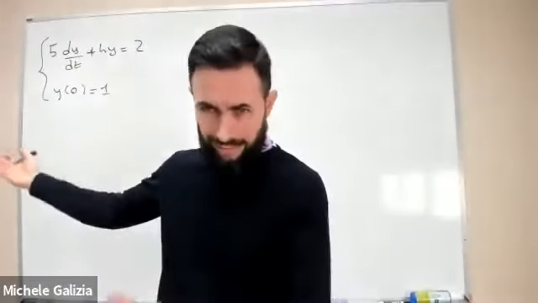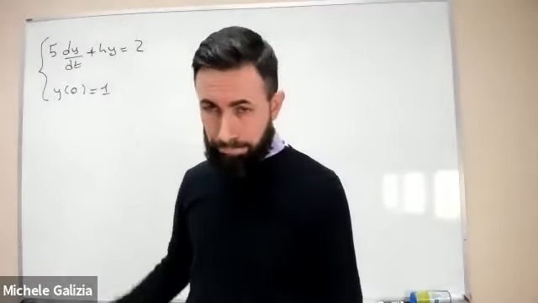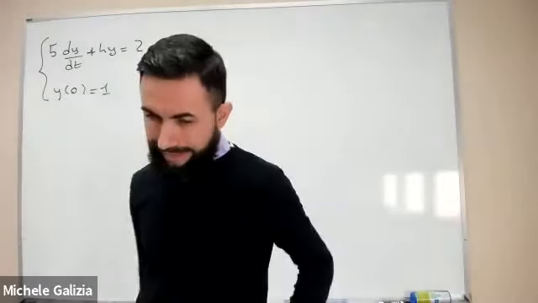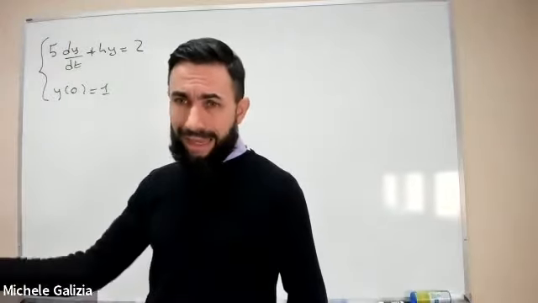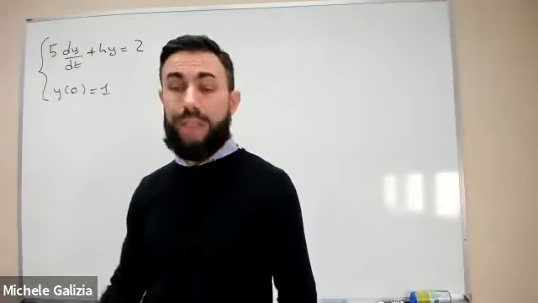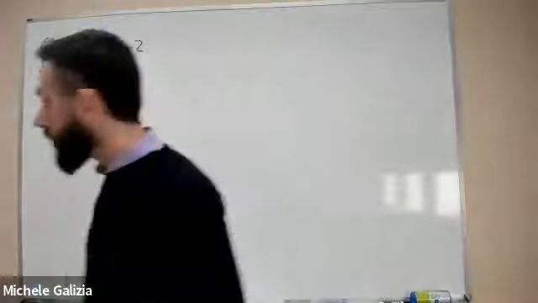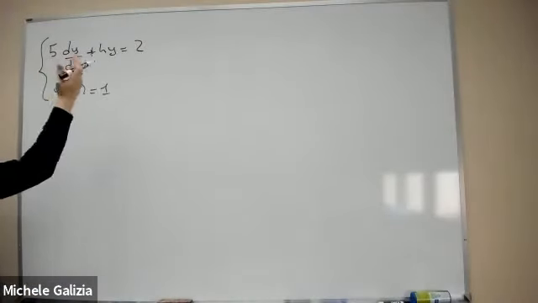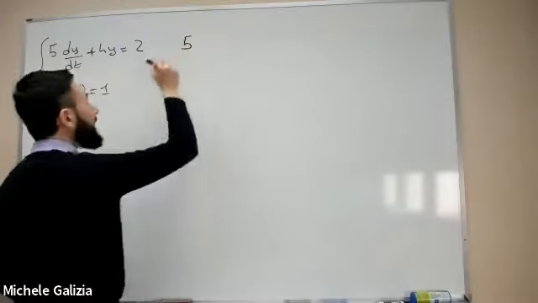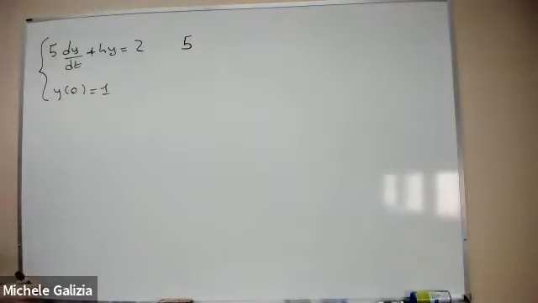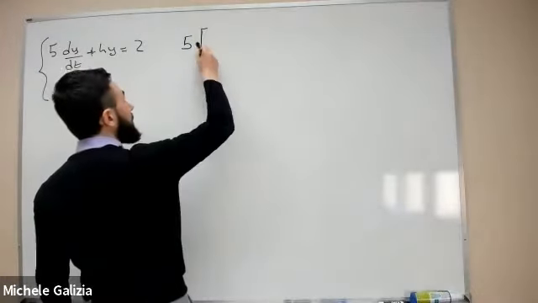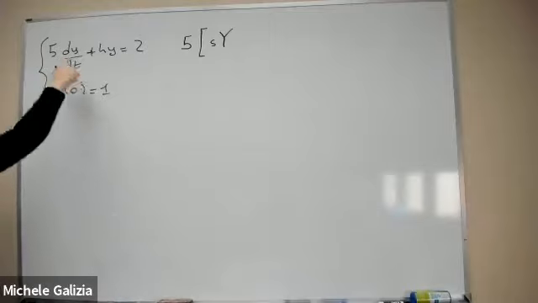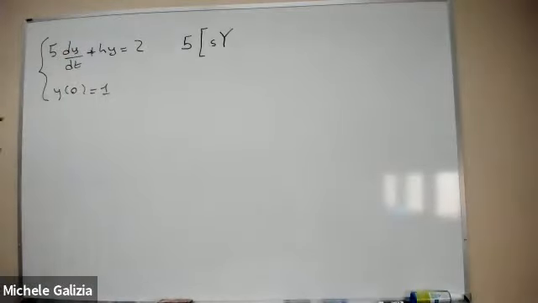However, we can proceed with the Laplace transform, but we have to pay attention. Since it is linear, we can apply the Laplace transformation and transform this into an algebraic equation. The Laplace transform of the sum is the sum of the Laplace transforms. So 5 times the Laplace transform of this derivative will be s times Y capitalized, where Y capitalized is the Laplace transform of y.